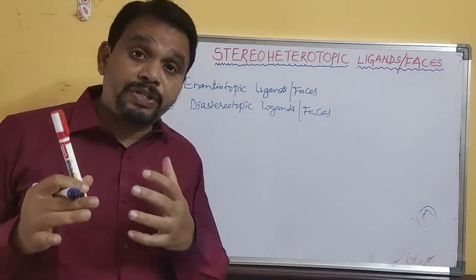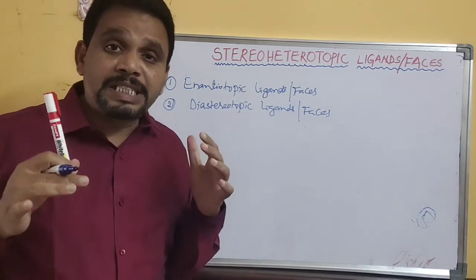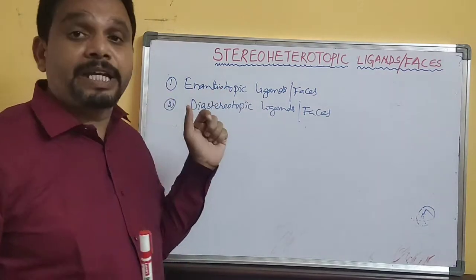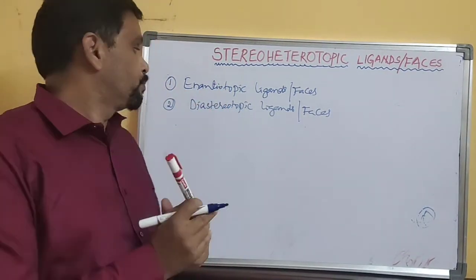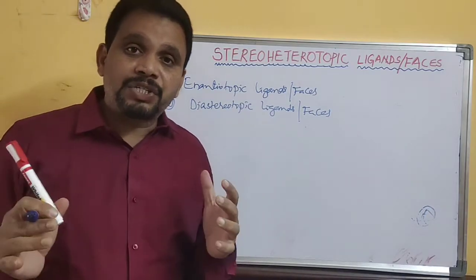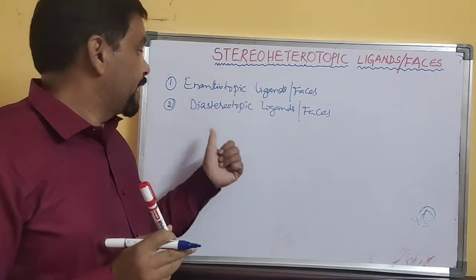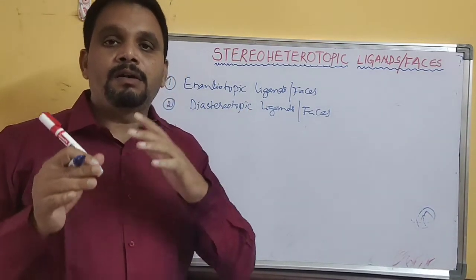Based on the formation of the product in that particular reaction. If in that reaction enantiomers are formed, then they can be considered as enantiotopic ligands and phases. If in that reaction diastereomers are formed, then they can be considered as diastereotopic ligands or phases.